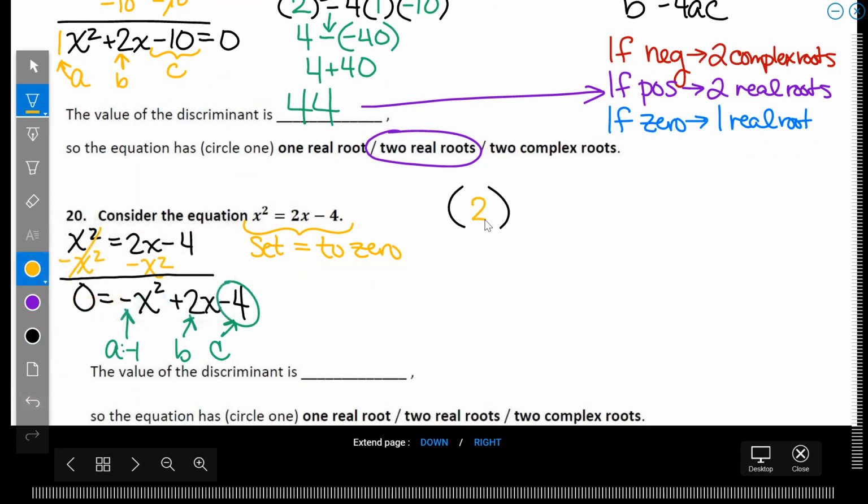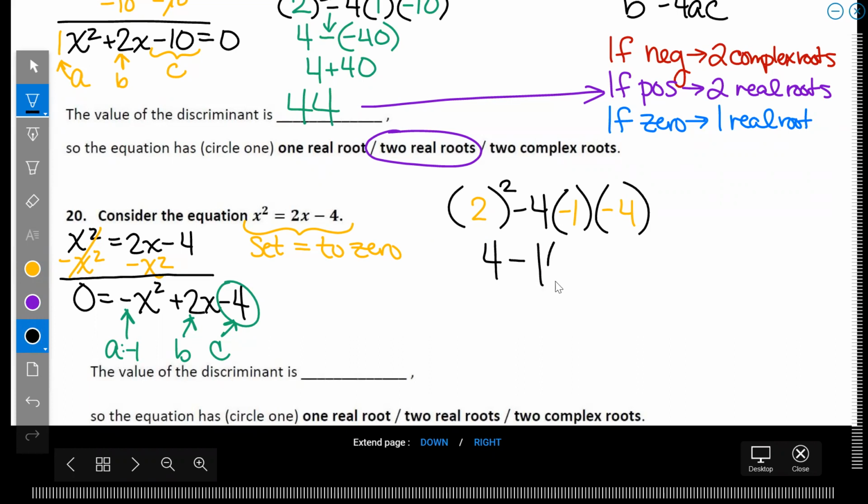So I have 2 squared minus 4 times, what is our a value again? -1 times c, which is -4. 2 times itself, so I get 4 minus, what is 4 times -1 times -4? 16.